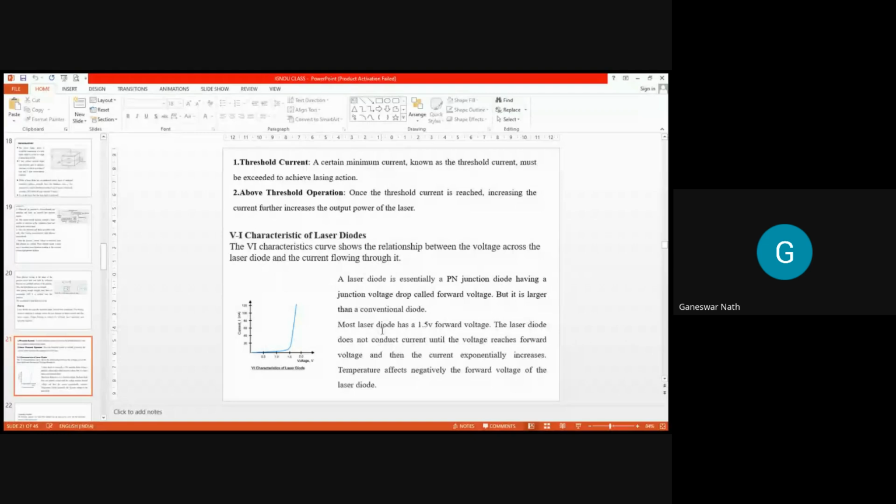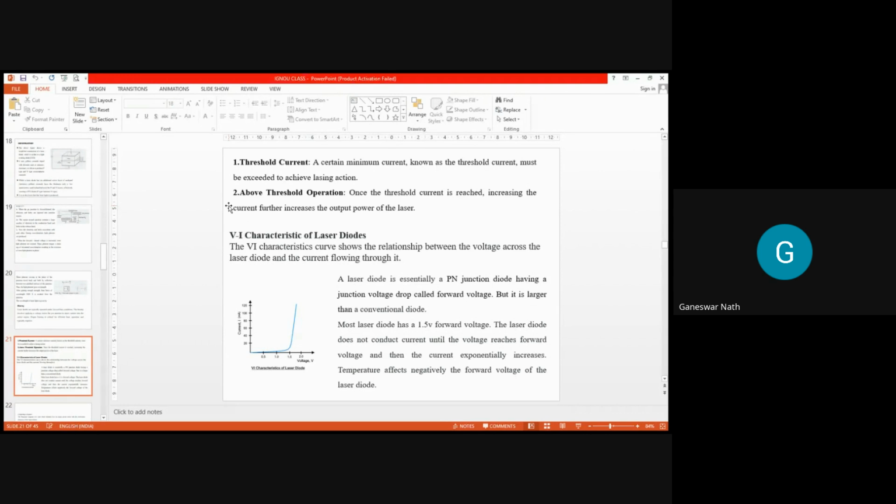Accordingly, this biasing produces two different quantities: one is called the threshold current and the other is called the above-threshold operation. So what is threshold current? Threshold current is the minimum current that must be exceeded to achieve the lasing action.